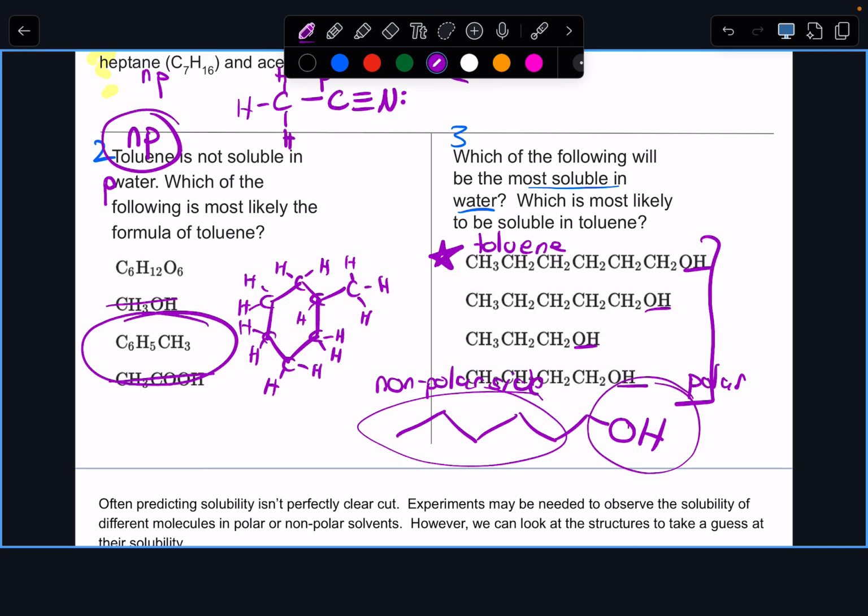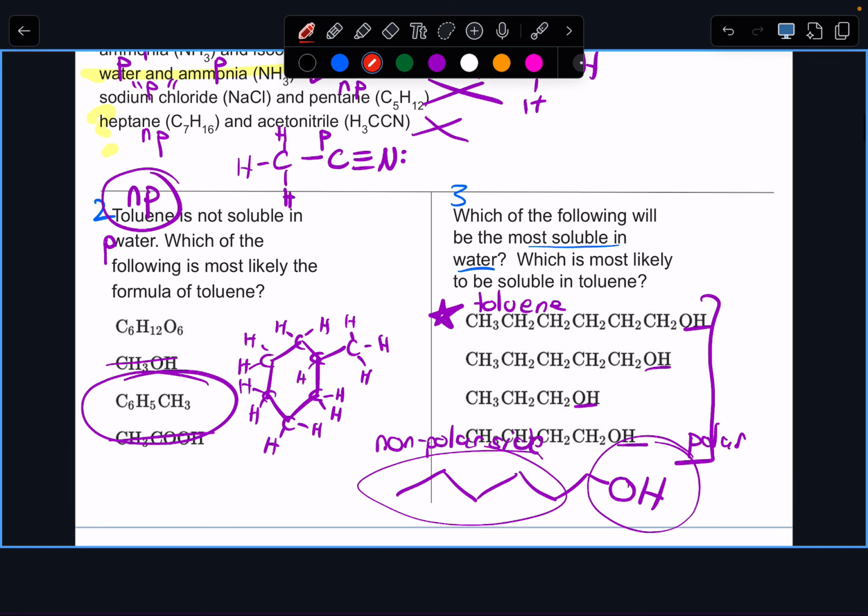A really good example of this is soaps. So soaps, they're fats. They're like 18, 22 carbons long. Okay, and then on the end, they have this carboxylic acid group, which is 2 oxygens, one of which is an alcohol.